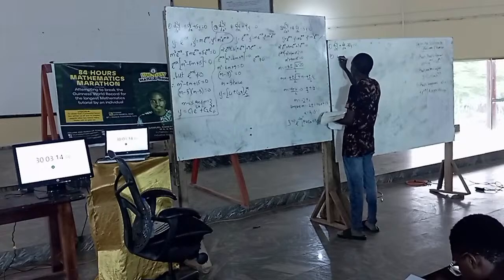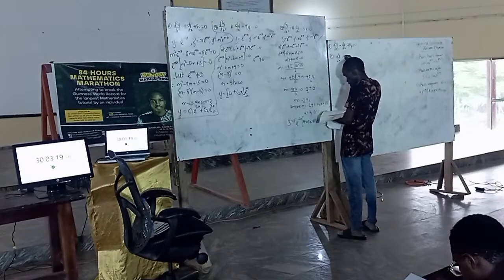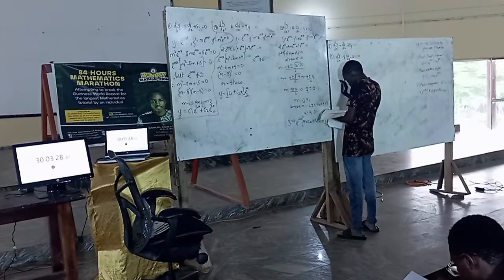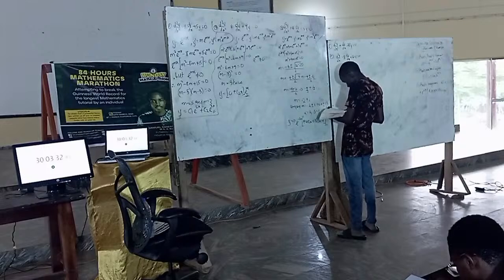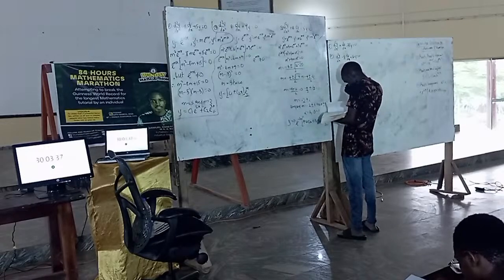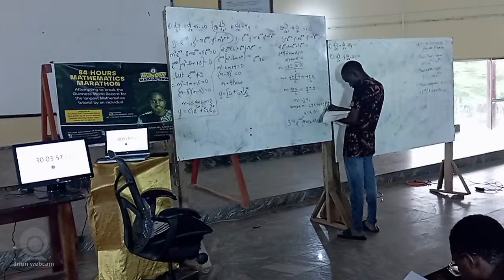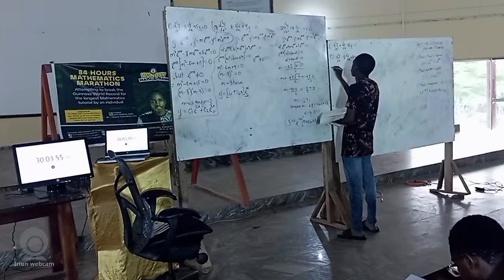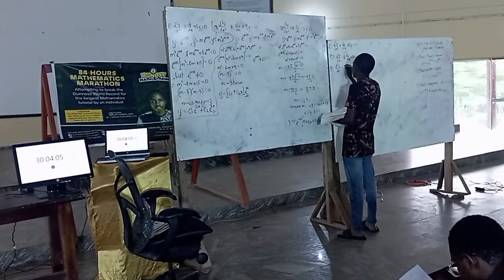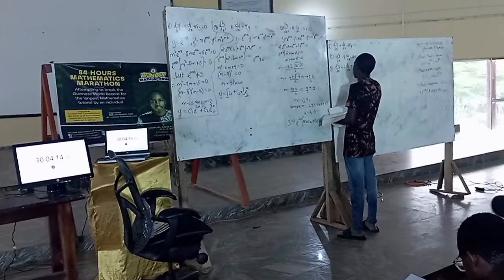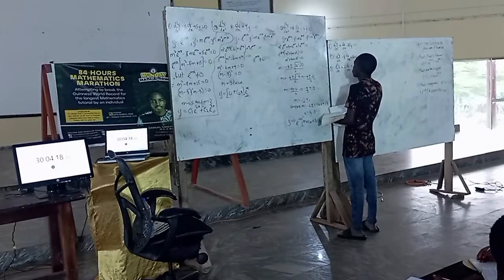Number 2: d squared y over dx squared minus 8 dy dx plus 16y equals 0. Number 3: d squared y over dx squared minus 2 dy dx plus ... y equals 0. Okay.